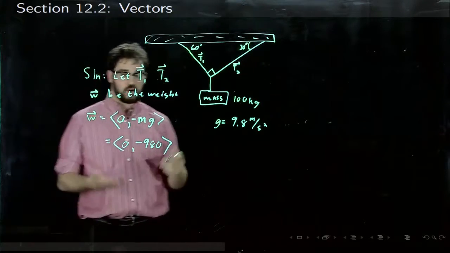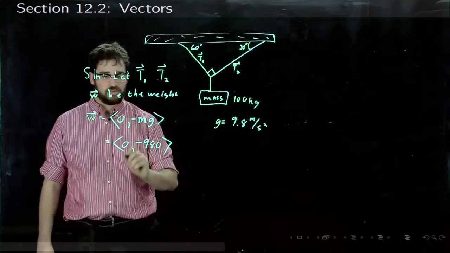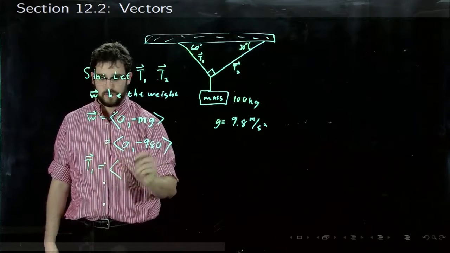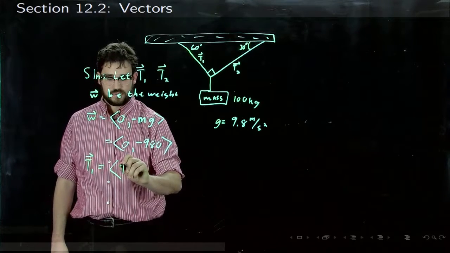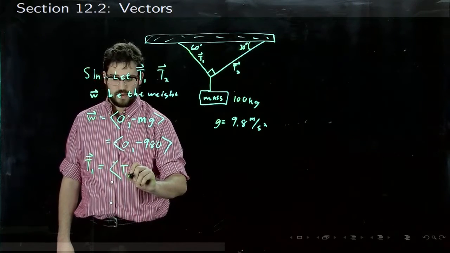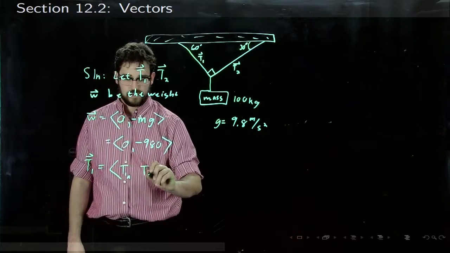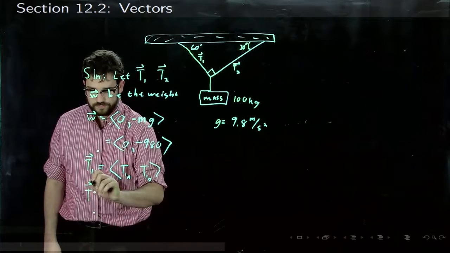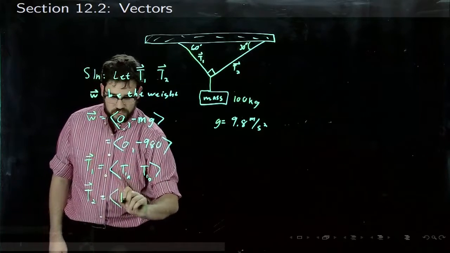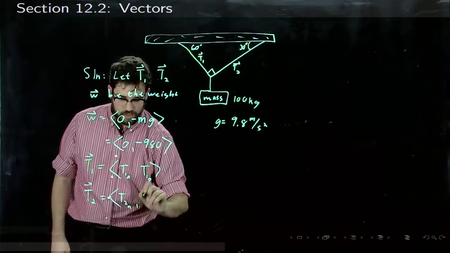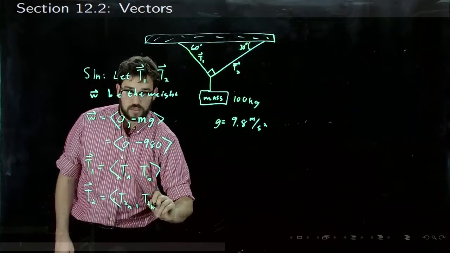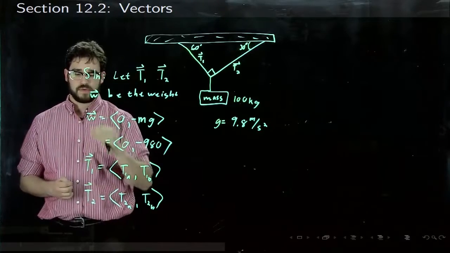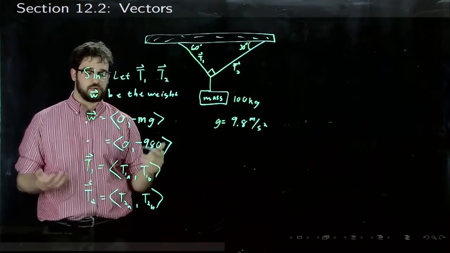So we have our components: T1 will be equal to T1A and T1B, and T2 is T2A and T2B. So we know that the sum of W, T1, and T2 should equal 0.